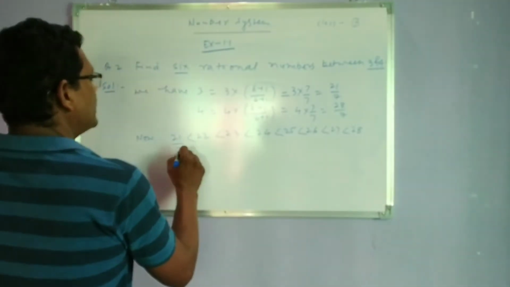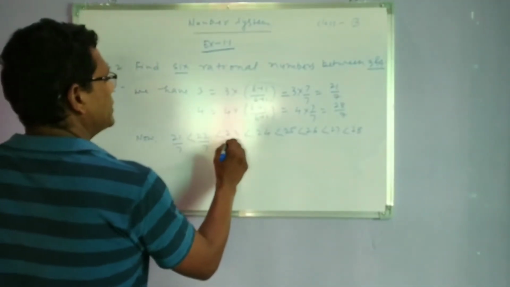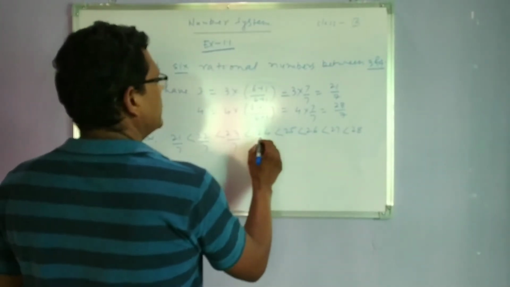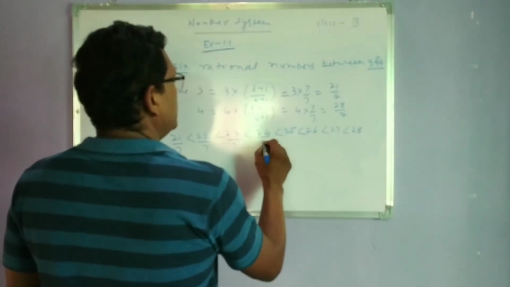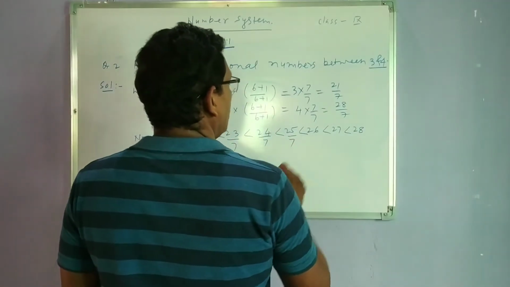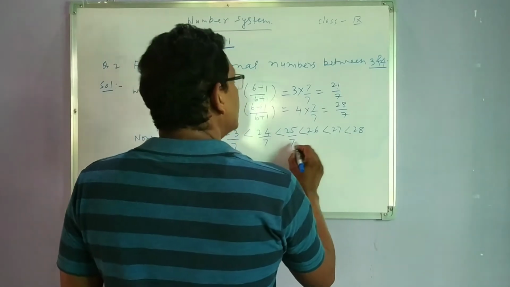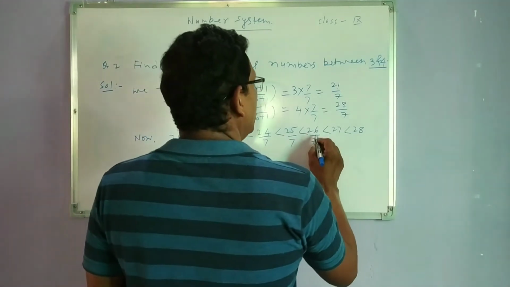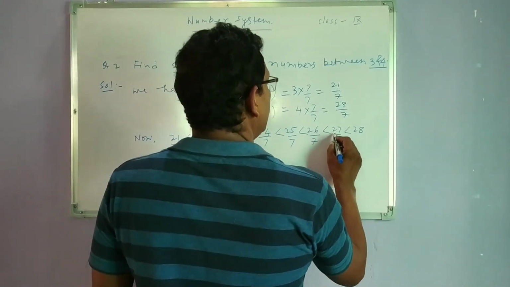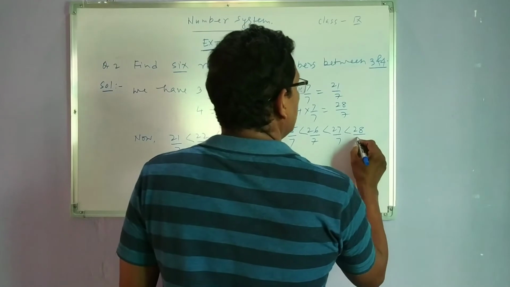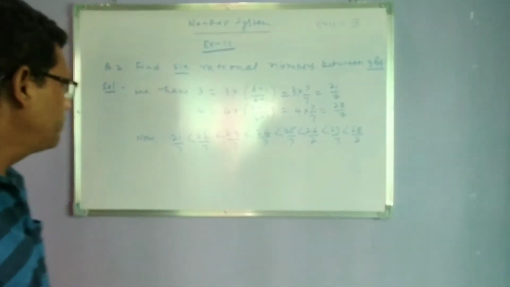So 21 by 7 is less than 22 by 7, 22 by 7 is less than 23 by 7, 23 by 7 is less than 24 by 7, 24 by 7 is less than 25 by 7, 25 by 7 is less than 26 by 7, 26 by 7 is less than 27 by 7, and 27 by 7 is less than 28 by 7.